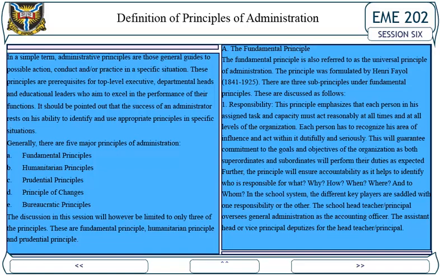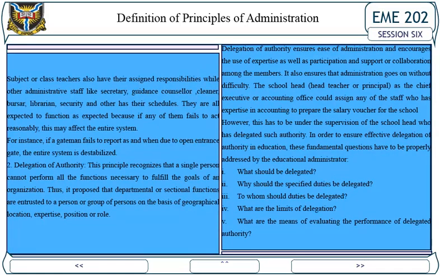In the school system, the different key players are saddled with one responsibility or the other. The school head, teacher, or principal oversees general administration as the accounting officer. The assistant head or vice principal deputizes for the head teacher or principal. Subject or class teachers also have their assigned responsibilities, while other administrative staff like secretary, guidance counselor, cleaner, bursar, librarian, security, and others have their schedules.